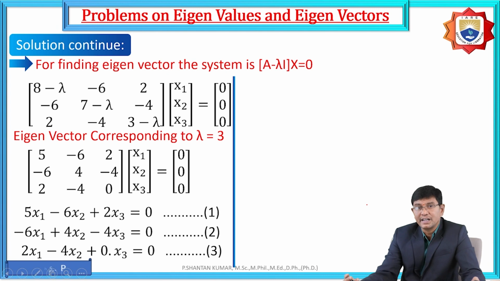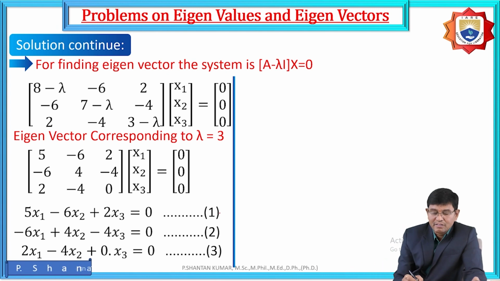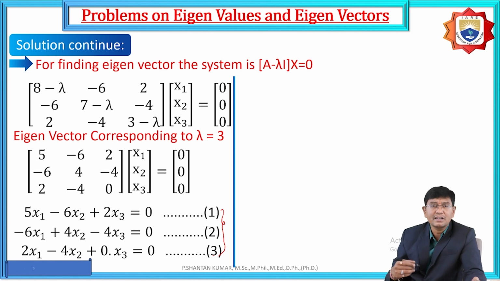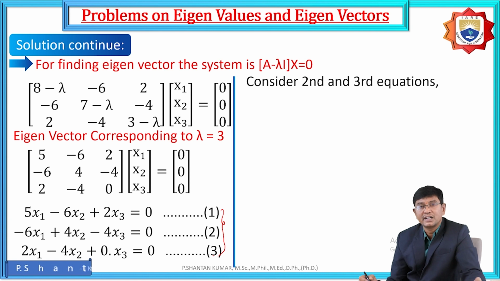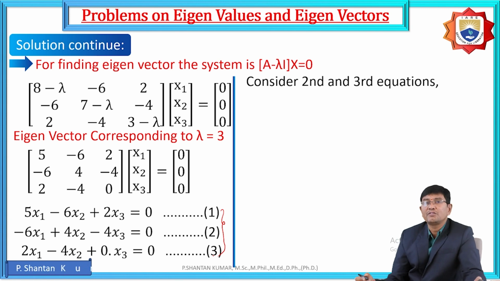These are three different equations, so we can take any two, the second and third, or first and second, or first and third. Here I choose the second and third equations. Based upon this, the x1 coefficients are the first one, second one, third one.